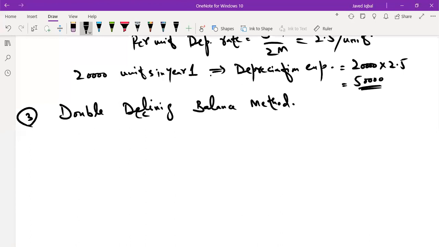Since you have the straight line method depreciation rate, you can multiply that rate by 2 and then calculate your depreciation.